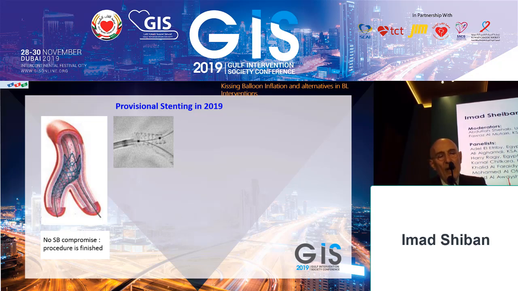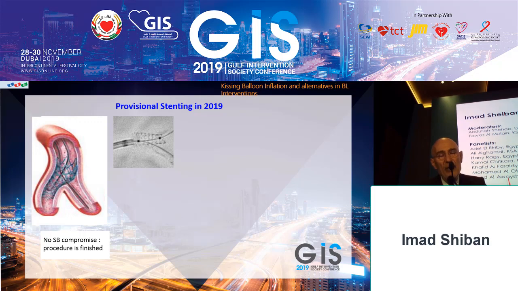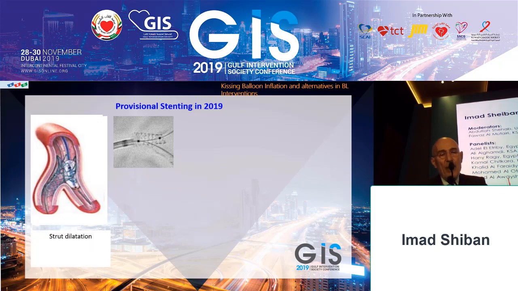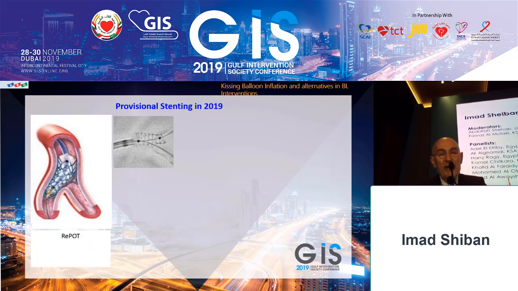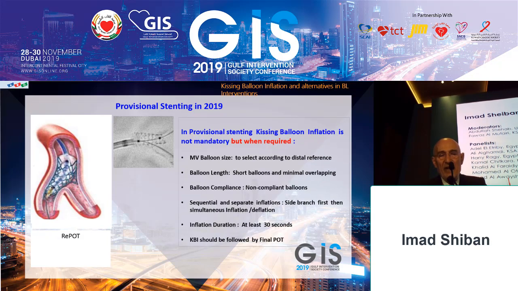No compromise means that you don't have any impairment of the flow or any angina or any ischemic sign on ECG. If you have some compromise, then recross the side branch, repeat POT, and this is the final thing.